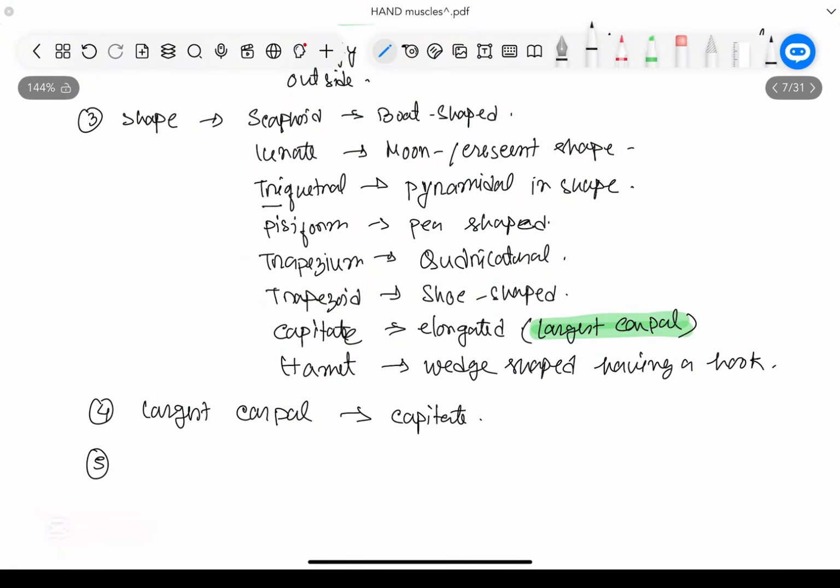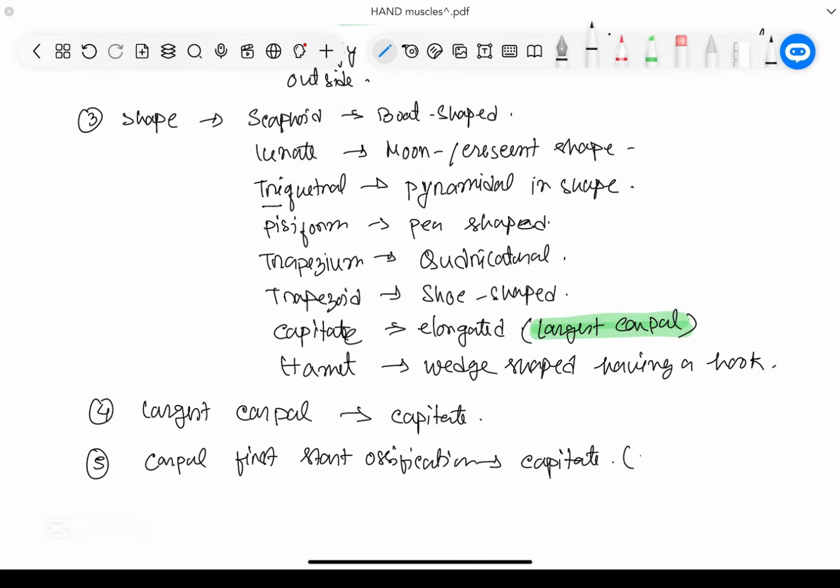These carpals have ossification appearing in different months in a person, but which carpal starts to ossify first and which carpal starts last, this type of question may also be asked. So, the carpal that first starts ossification, it will be in the first to second month, that will also be capitate, 1 to 2 months of age.